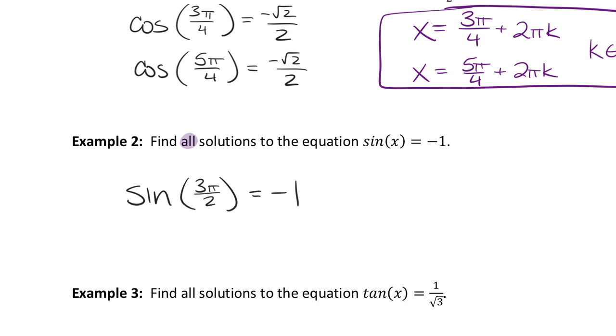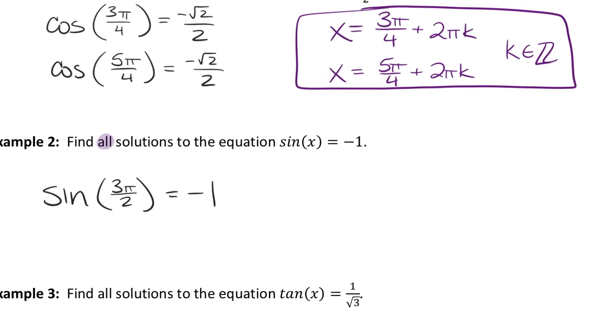That's a vertical displacement of negative 1, so it's the furthest down we go on the unit circle. So is there another place, by the way, where this is going to be equal to negative 1? No, there's only one place around our unit circle for sine, one angle that returns negative 1 for sine. So our equation is x equal to 3 pi over 2 plus 2 pi times k, given k is an integer.